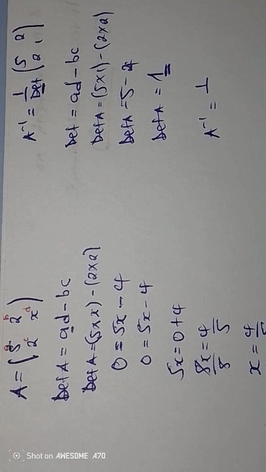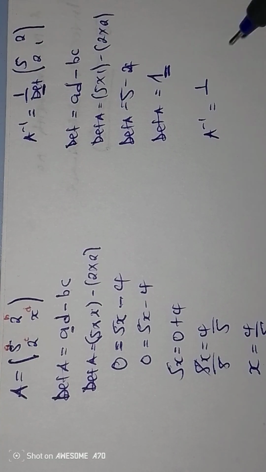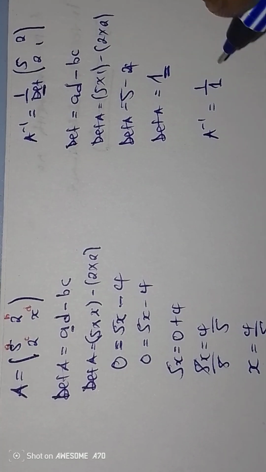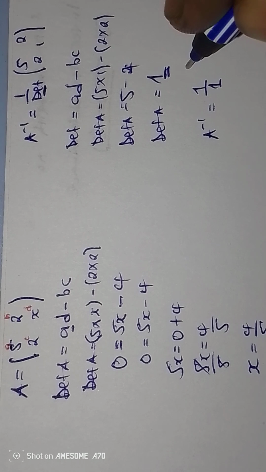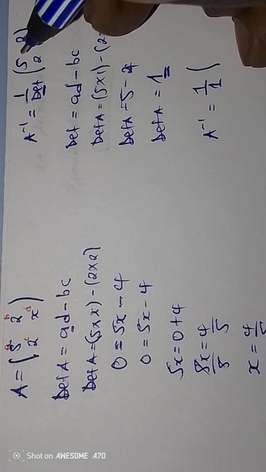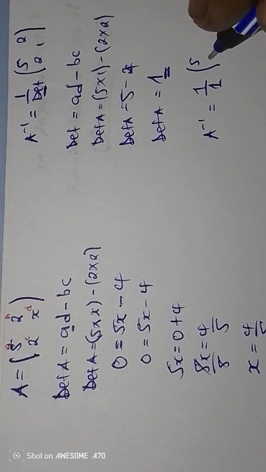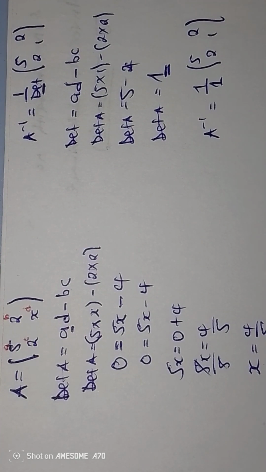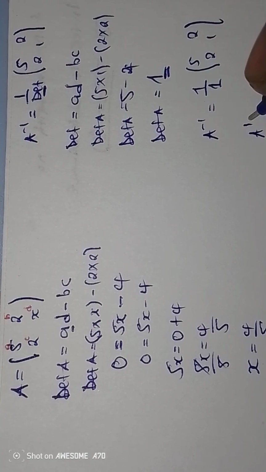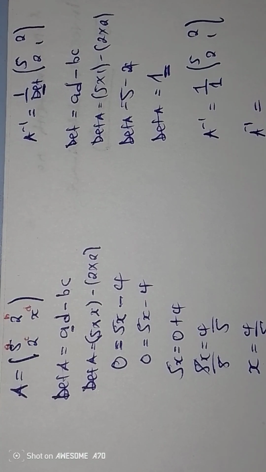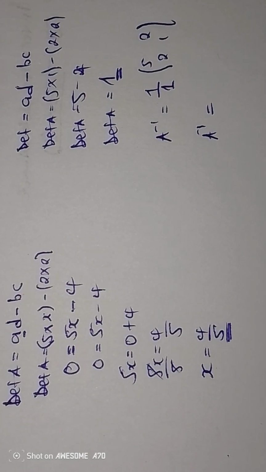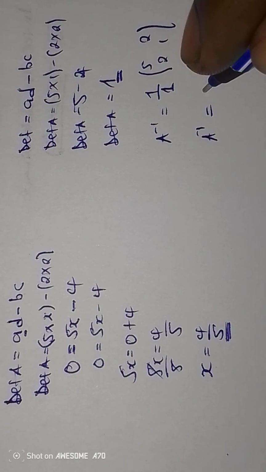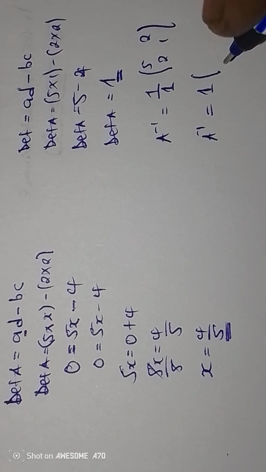The determinant we find is 1. So you say 1 over 1, and this is open there. The matrix we have is 5, 2, 1, 2. So you can divide that, you're going to have a 1 there.